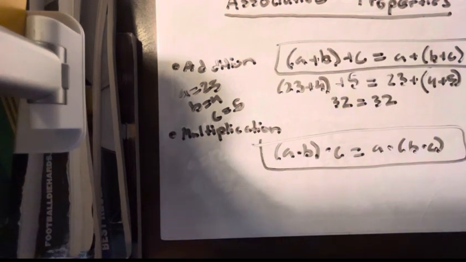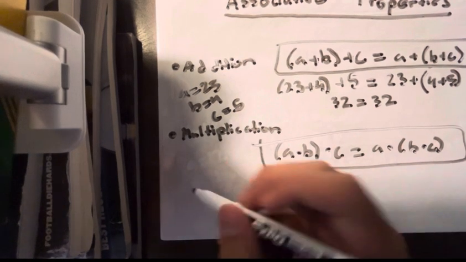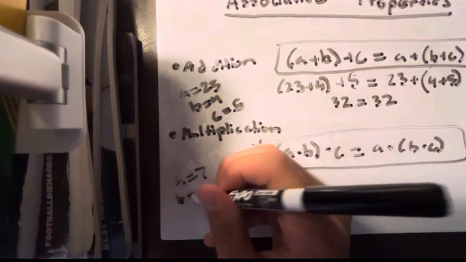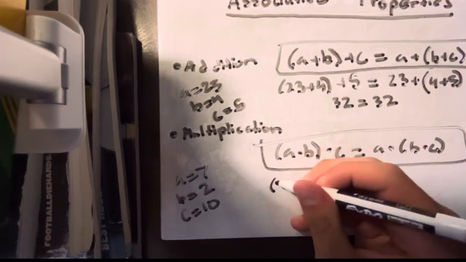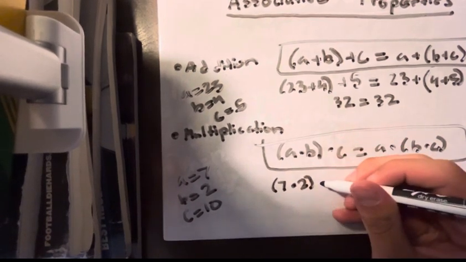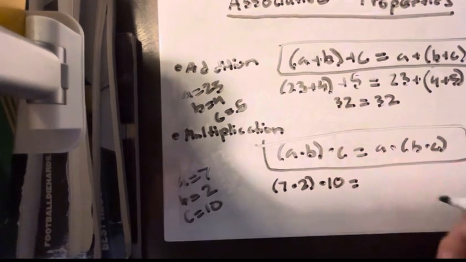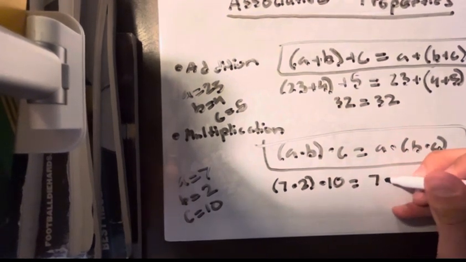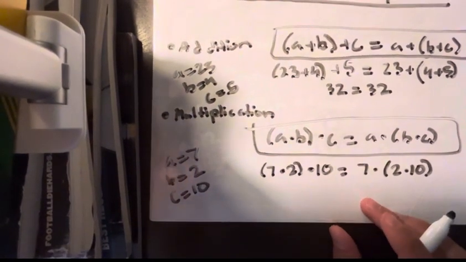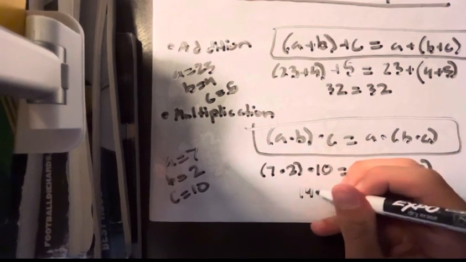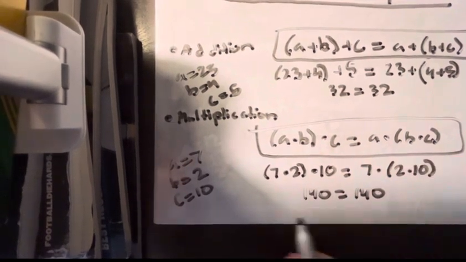So let's once again give an example. Let's do A equals 7, B equals 2, C equals 10. So we have 7 times 2, in parentheses, times 10, and we have 7 times 2 times 10 in parentheses. So once again, you will get 140 equals 140. It will be the exact same answer on both sides, no matter the order in which you solve it.